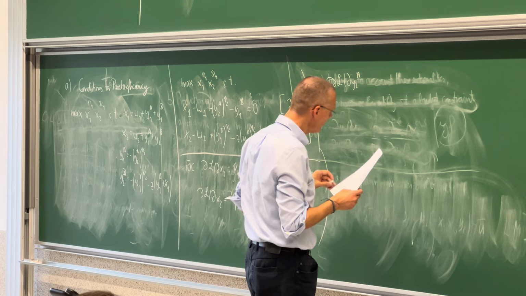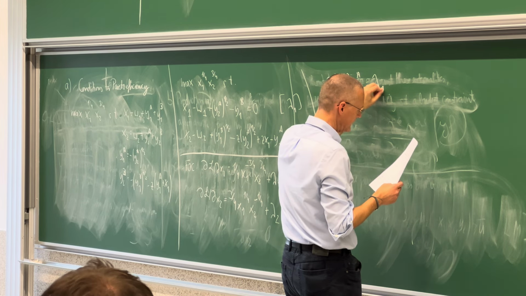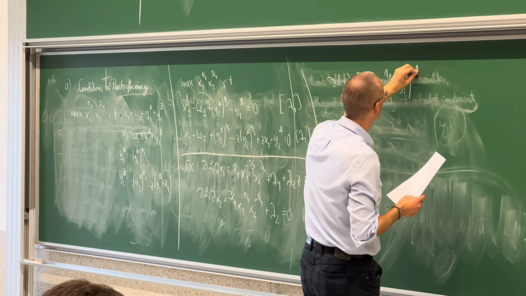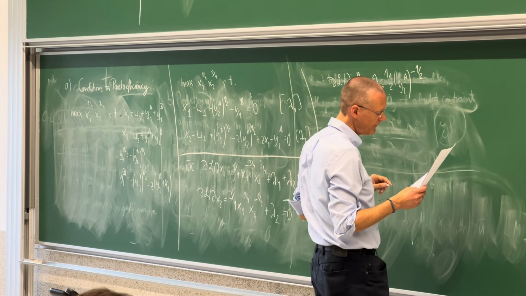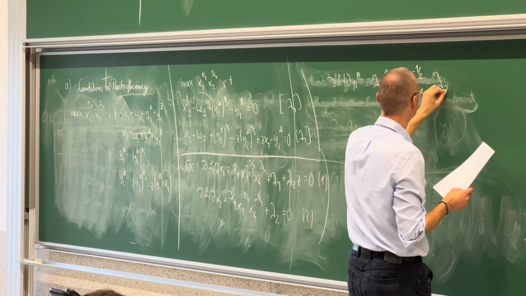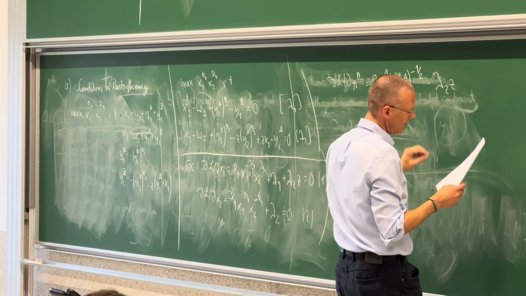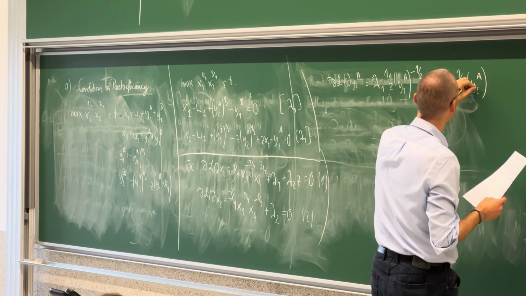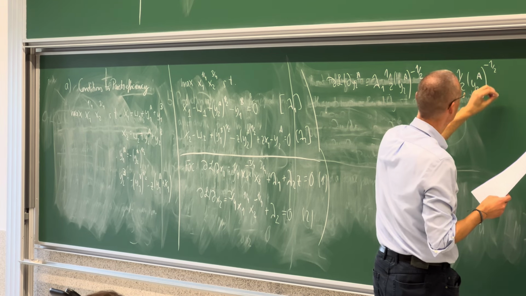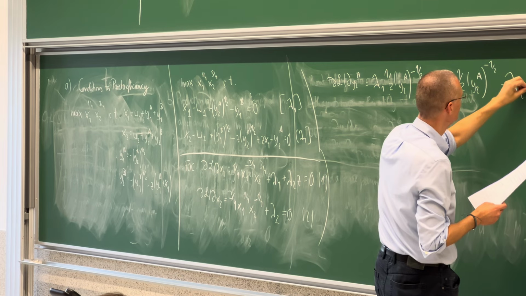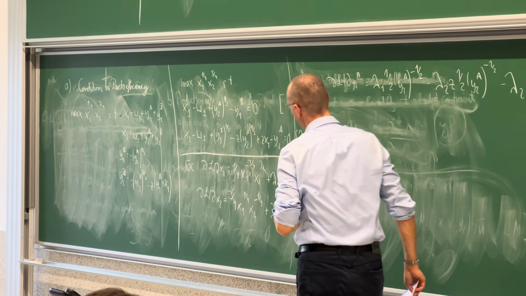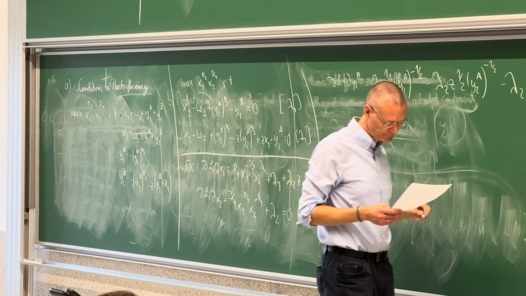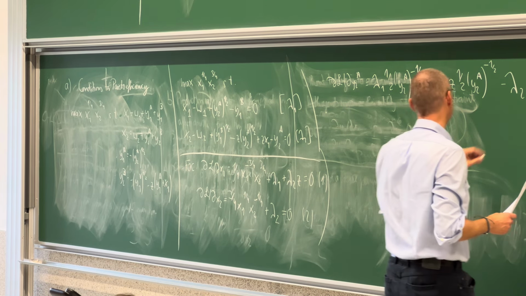In the first one it is positive, so we have lambda 1 times 1/2 y2A to the minus 1/2, and then we have minus lambda 2 with the zeta, 1/2 times y2A to the minus 1/2, and minus lambda 2 equal to 0, because it appears here as well. This will be equation 3.